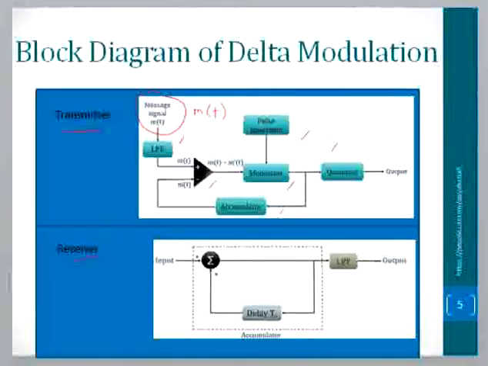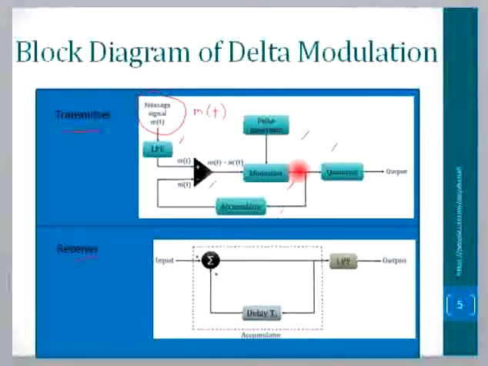The other signal that also acts as an input to the product modulator is from the pulse generator, because delta modulation is part of digital modulation, so a pulse generator is needed.